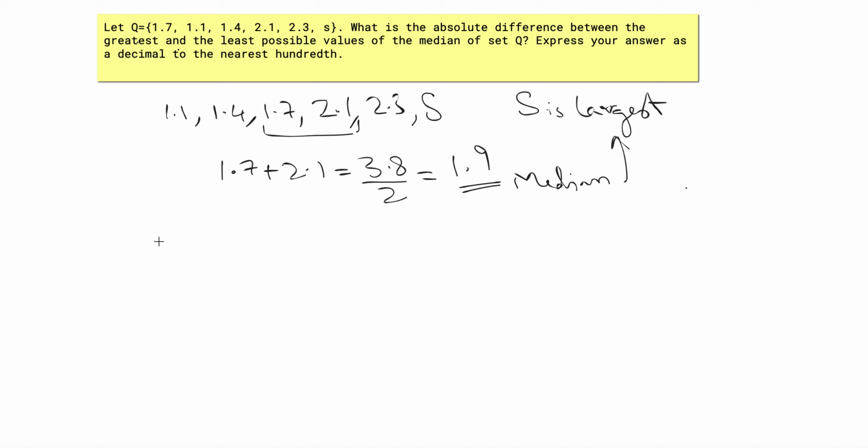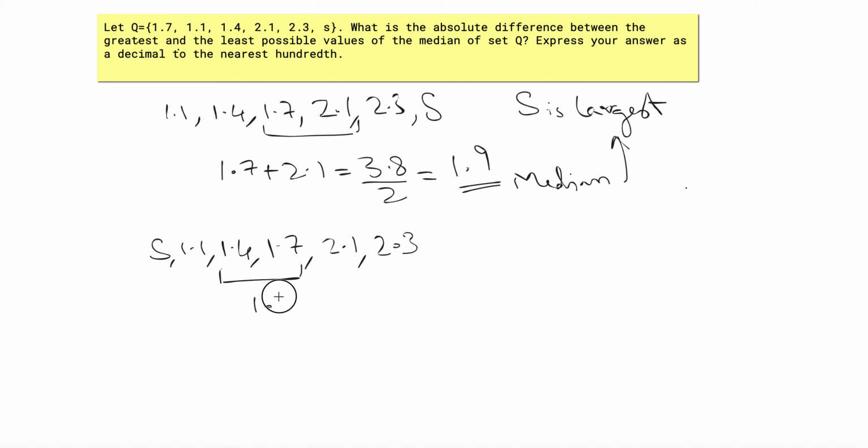So now let's say if S is smallest, then S will come first. Then I have 1.1, 1.4, 1.7, 2.1, 2.3, and that's about it because we have put S in the front. Now the median is the mean of these two numbers.